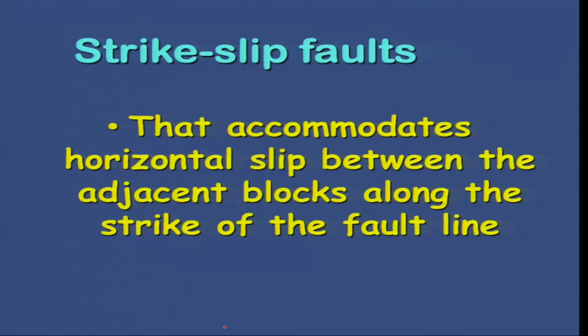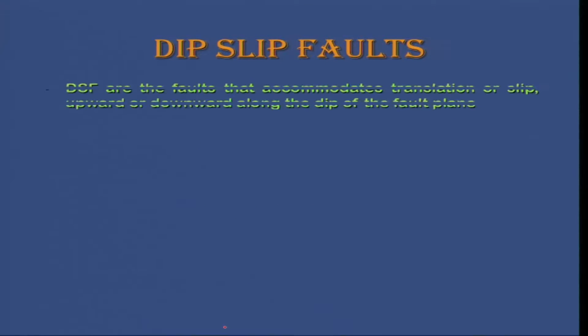If we look at the strike slip faults, what we are particularly looking at are those faults that accommodate horizontal slip between the adjacent blocks along the strike of the fault line. And the dip slip faults we further classify by whether the block has moved upward or downward.